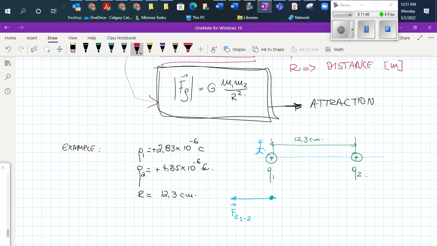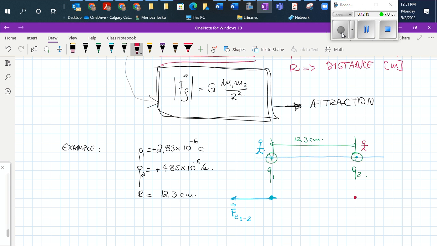And then if we are looking for the electrostatic force that charge 2 is experiencing, what you have to do is put yourself into the charge 2 position, and then ask yourself, what is the nature of the force that charge 2 is experiencing as a result of the presence of charge 1?